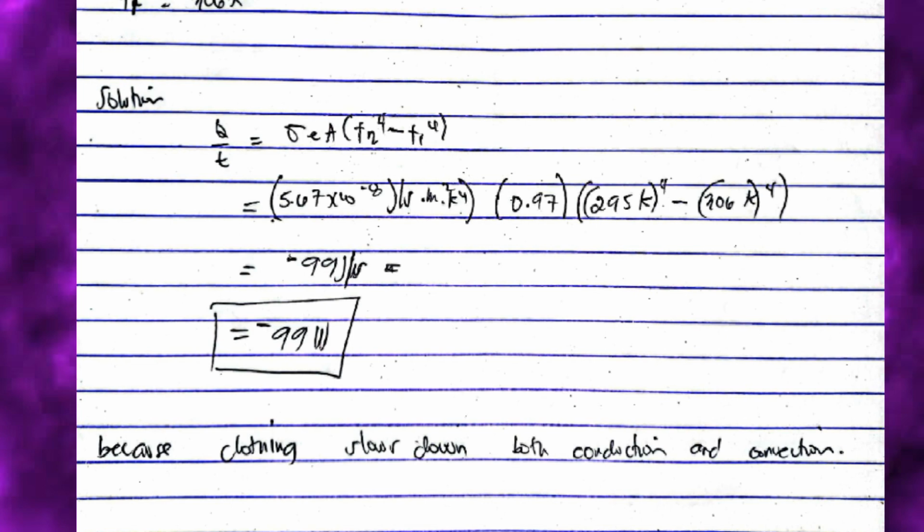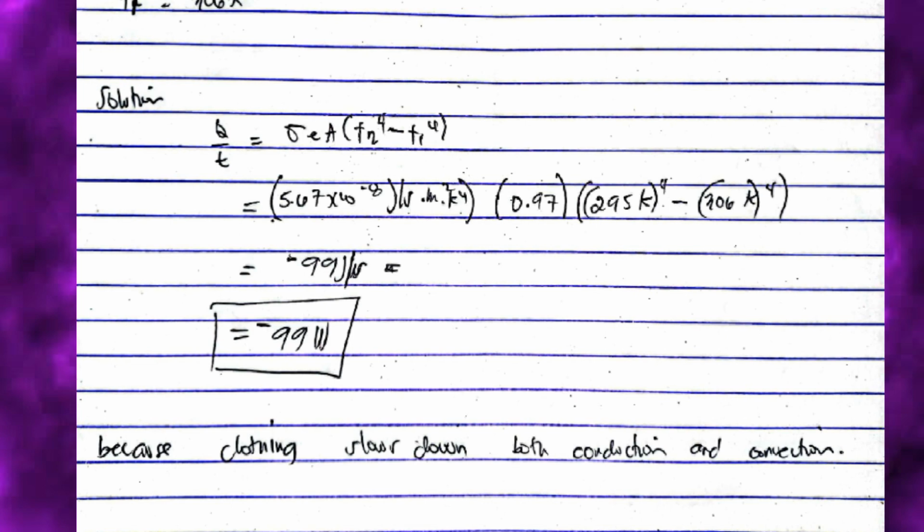So we substitute the known values: 5.67 times 10 raised to the power of negative 8 joules per second times meter square times Kelvin to the fourth, times our emissivity of skin, 0.97, and our T2 is 295 K raised to the power of 4 minus our T1, which is 306 K raised to the power of 4. Solving with the calculator, we get negative 99 joules per second or negative 99 watts.